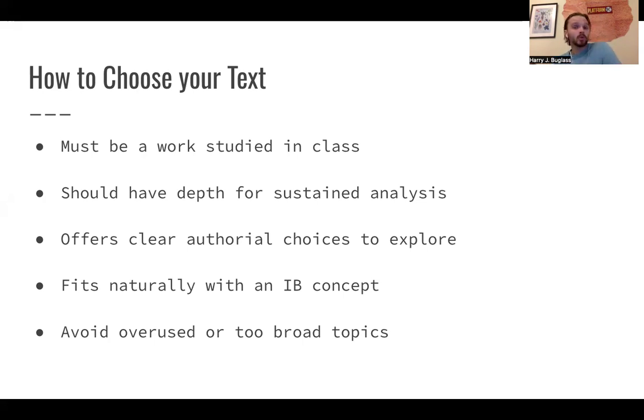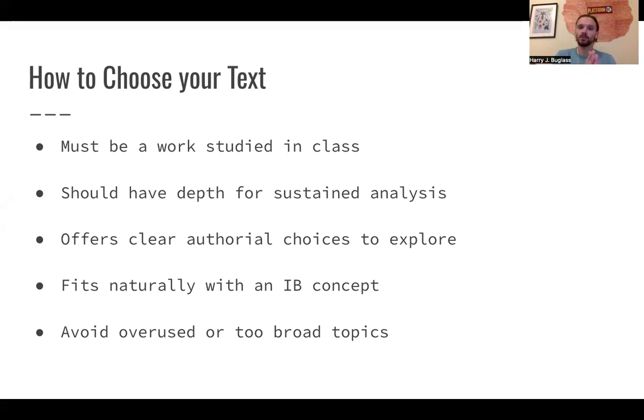A short poem could work, short stories work, but only if you think it's rich enough in techniques and themes. Generally, if it's delivered in class, it's because it has that thematic density or conceptual opportunity to write a high level essay about it. Otherwise, it wouldn't be included.